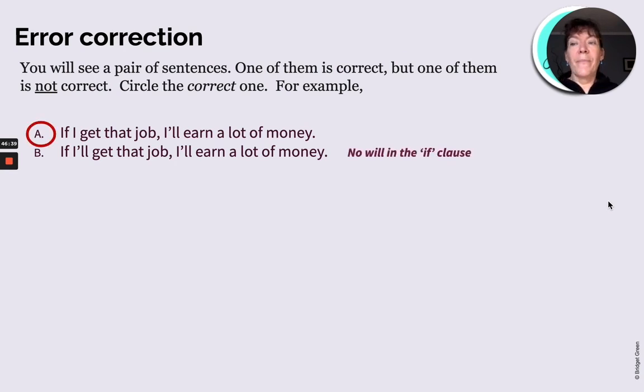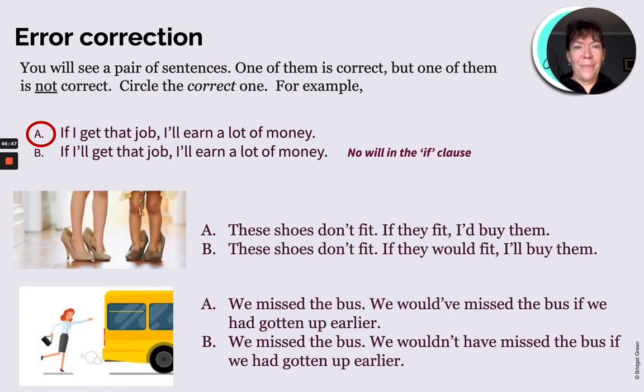Let's check. A is correct. Why? Because we never have will in the if clause. Now it's your turn. Let's check your answers. A or B? It's A. These shoes don't fit. If they fit, I buy them.